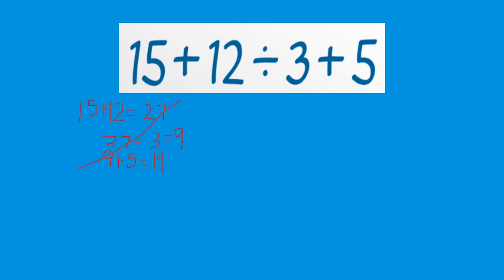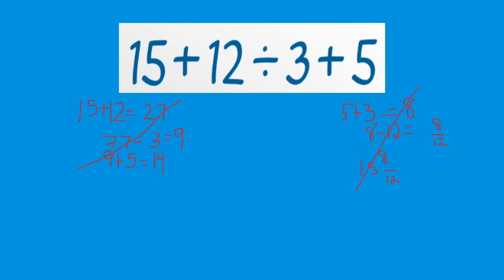This is not correct. If I went from right to left, I would add 5 plus 3 to get 8, divided by 12 is 8/12. And then I would add 15 to this and get 15 and 8/12. And we know that that is not correct.